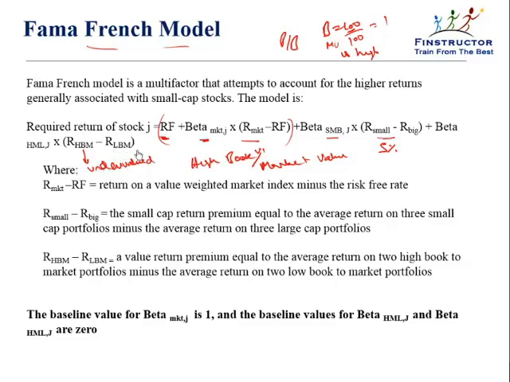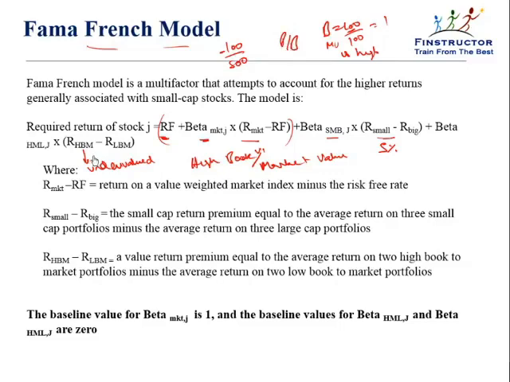If book to market value is low, say book value is 100 and market value is 500, so it's only 0.2. That means the company is probably overvalued or potentially overvalued because shareholders have invested 100, and for the shareholders' investments, the market is today willing to pay 5 times that. So it's the inverse of the price to book multiple.